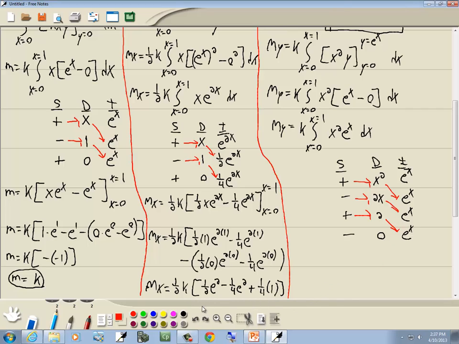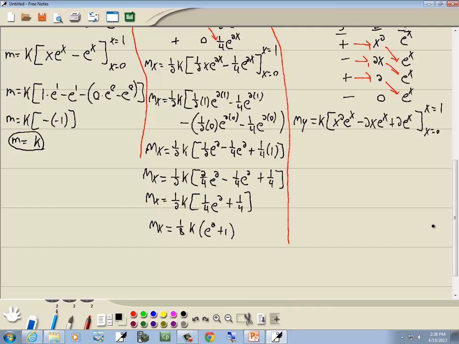Okay, so k is there. And then I got plus x squared times e to the x, so that's x squared e to the x. Negative 2x times e to the x, so minus 2x e to the x, plus 2 e to the x, from x equals 0 to x equals 1.